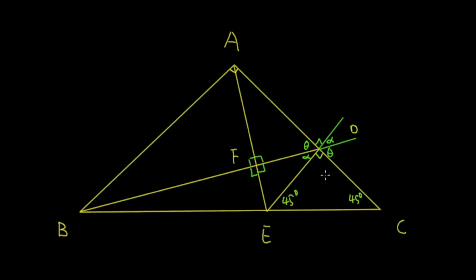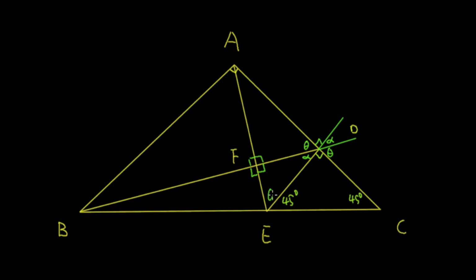Okay. Now we know that theta plus alpha plus 90 degrees equals 180 degrees. But we also know that all inner angles in a triangle should add up to 180 degrees, right? So that means 90 degrees plus alpha plus this angle is 180 degrees. Then what is this angle here?